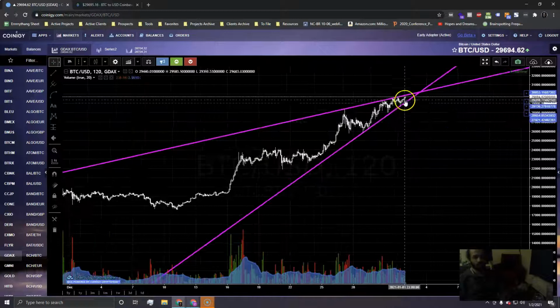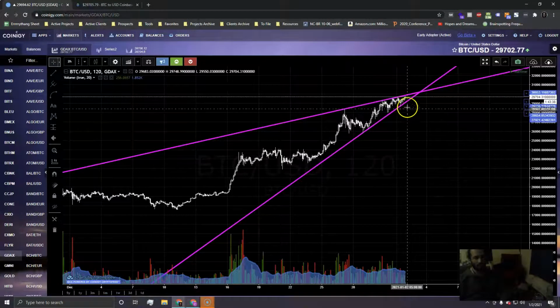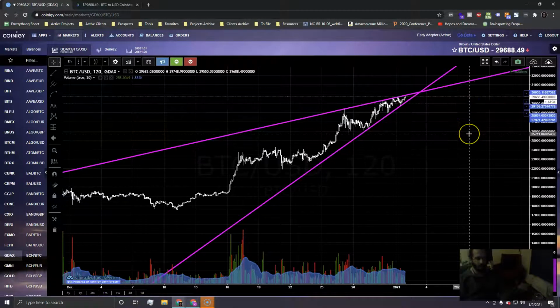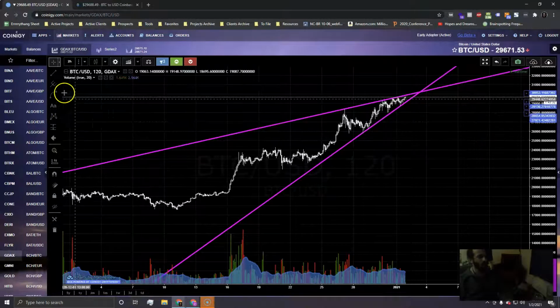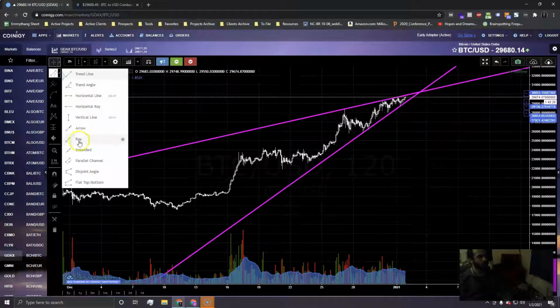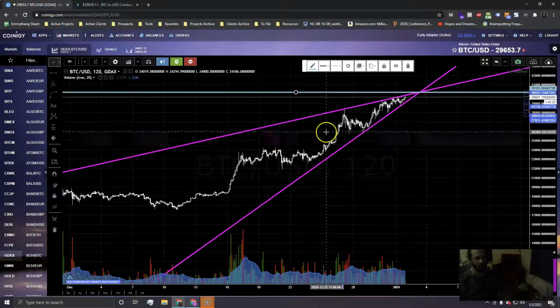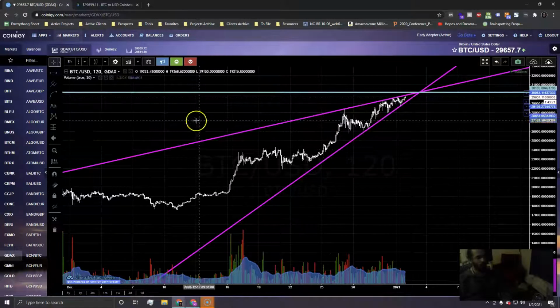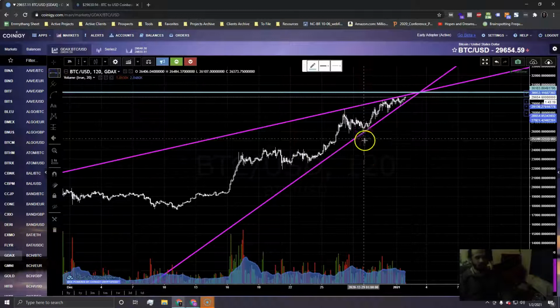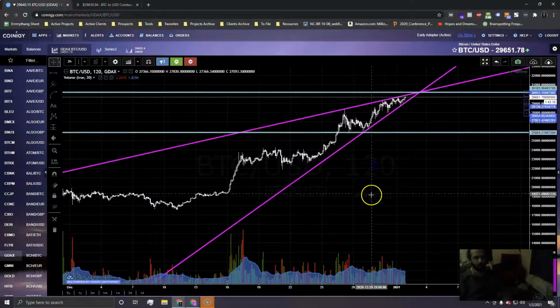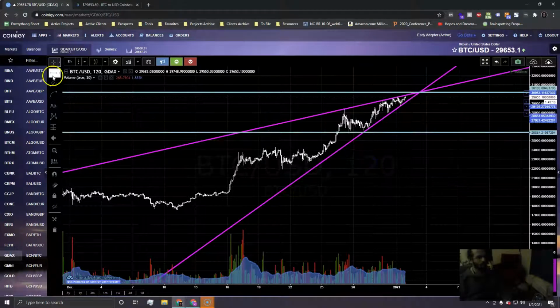Or it could break from here, fake out probably both ways, come down here and test and establish a range between wherever the high was and this low. Or maybe the range is a little bit wider and comes down to here.